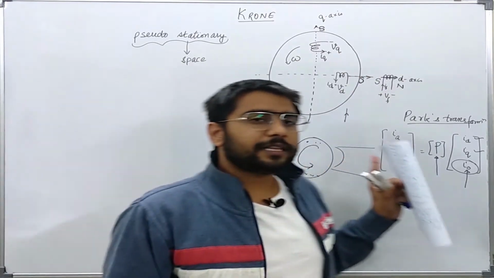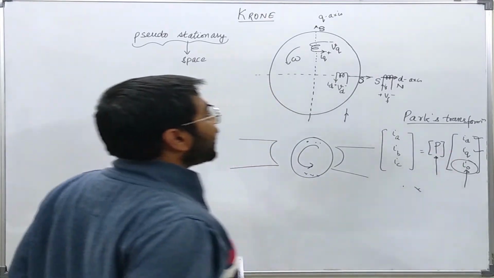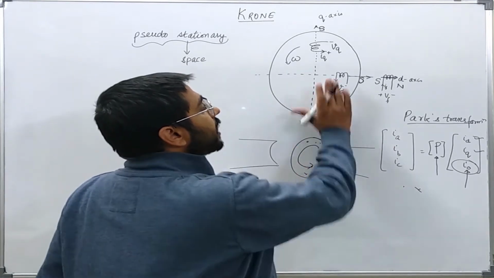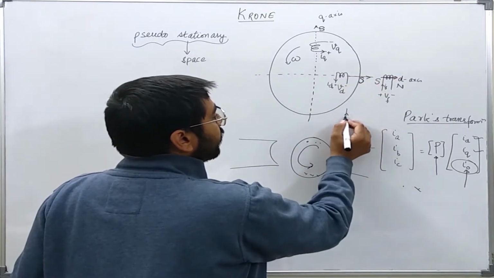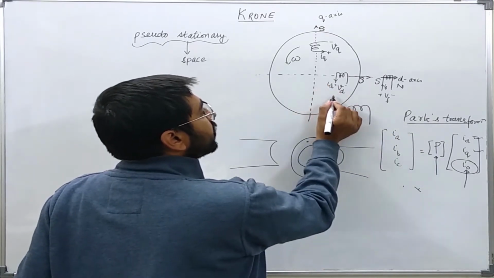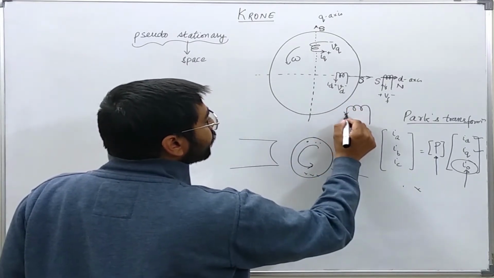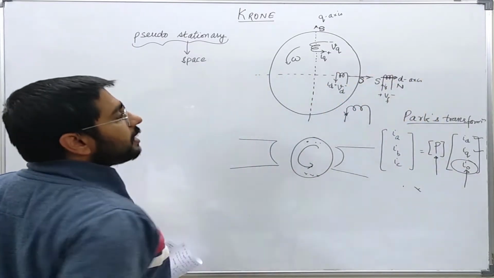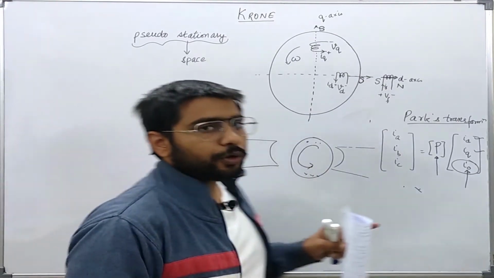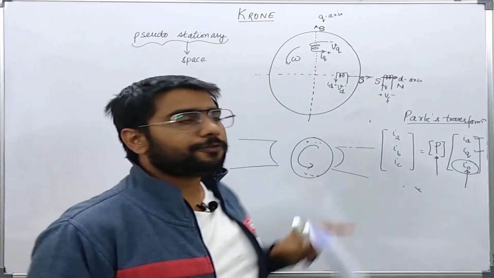So instead of showing the direction of currents by using dots and crosses, I have taken a sign convention in which the positive direction was assumed whenever the current was entering into the coil towards the center part. Since I reversed this direction, the field will also be reversed. In this way I have tried to show the creation of various poles on the armature as well as the field.